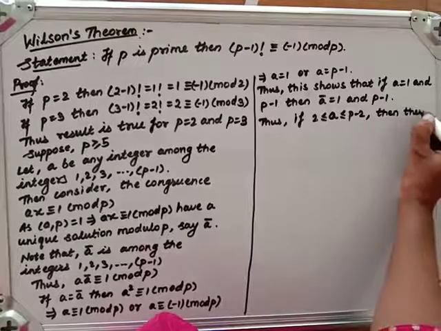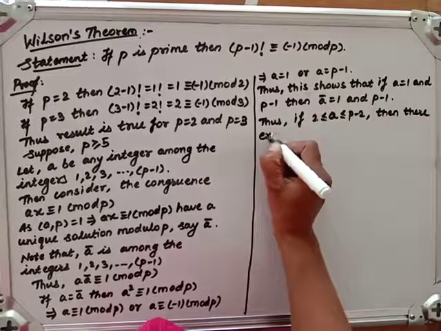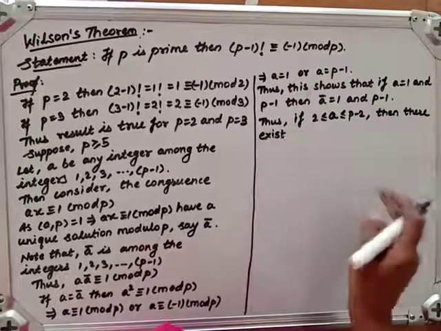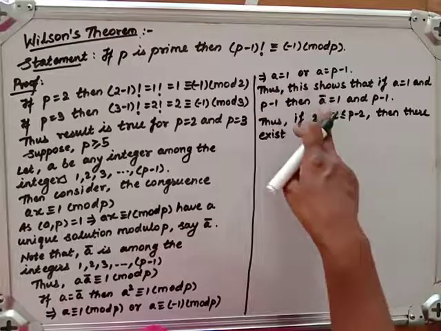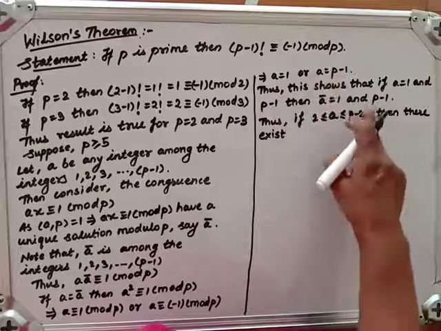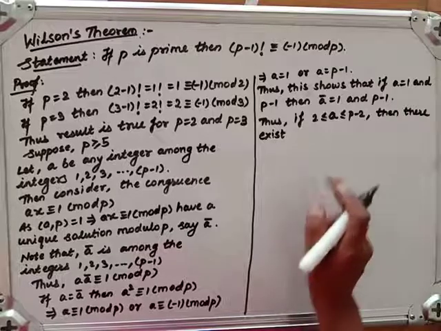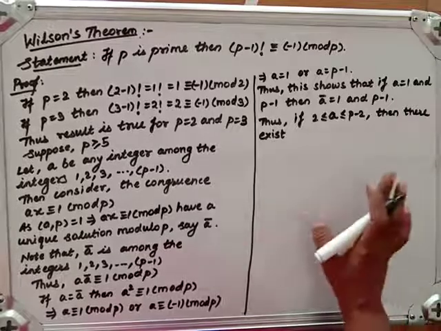So for 1, a bar will be 1 itself, for 4 a bar will be 4 itself, just like that. If a is equal to 1, a bar will be 1, if a is equal to p minus 1, a bar will be p minus 1. But in between them they differ.